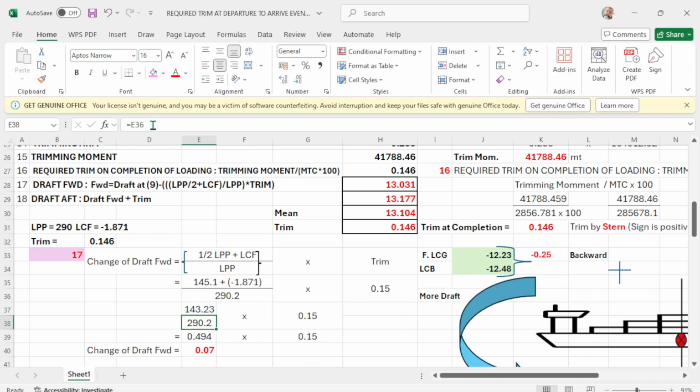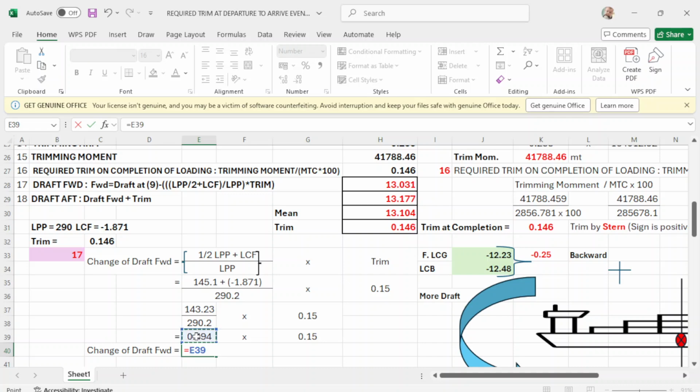Okay, over your LPP of 290 times trim. So divide this one by your LPP, that equals 0.494, multiplied by 0.15.